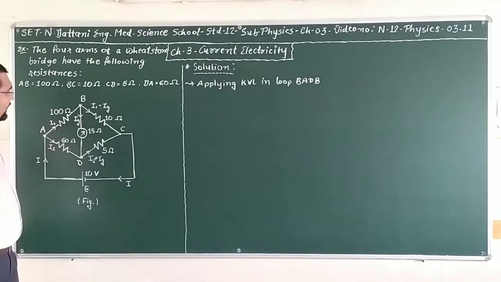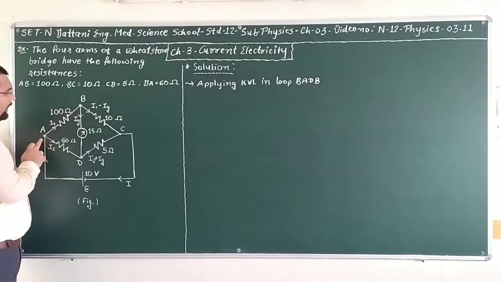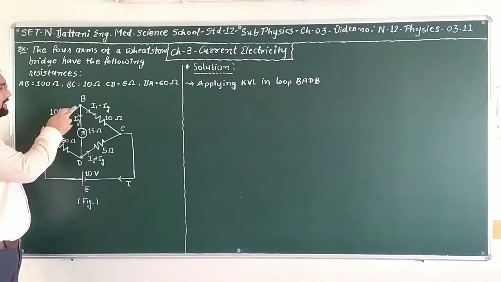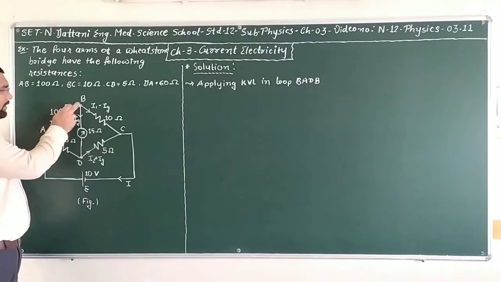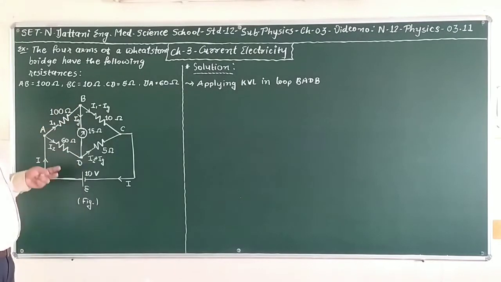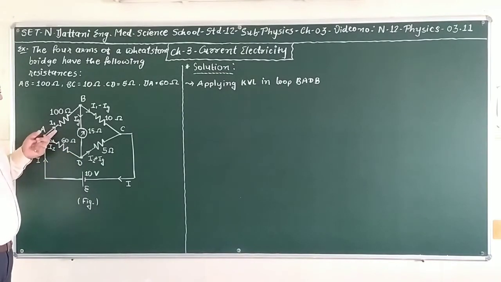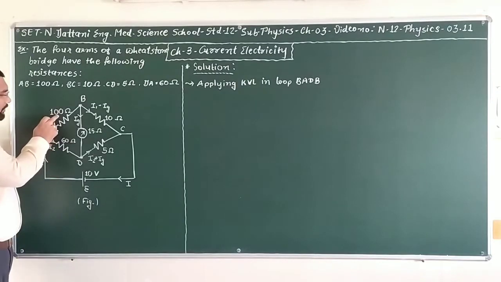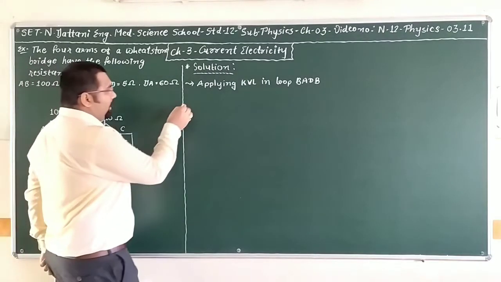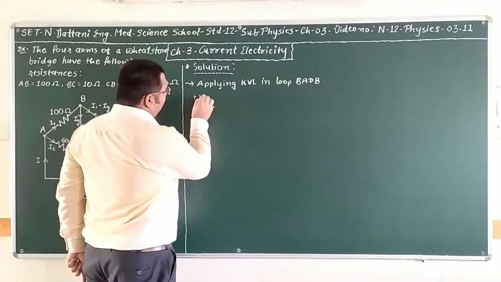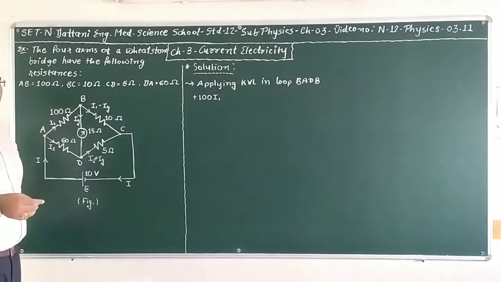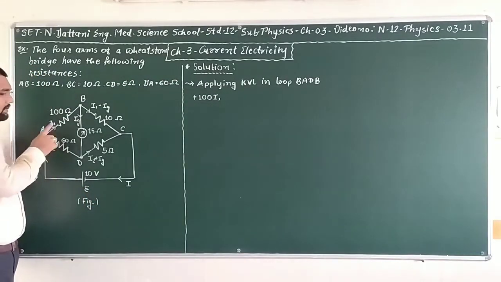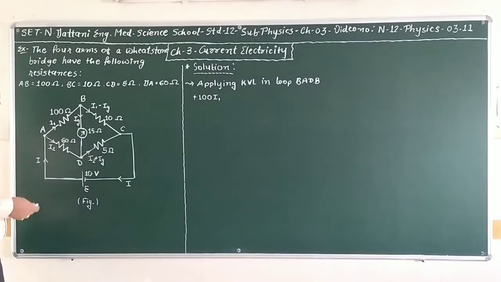So we will apply KVL from B to A. The direction of our traveling is from B to A, and the direction of current is from A to B, so both the directions are opposite. So we will take positive voltage, that is plus 100 into I1, because the direction of our traveling and the direction of current are opposite to each other.